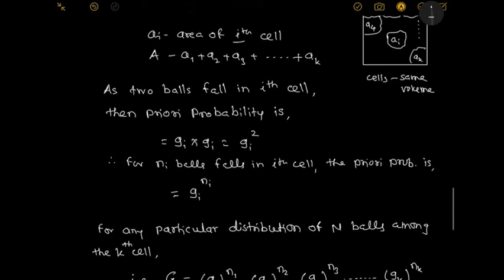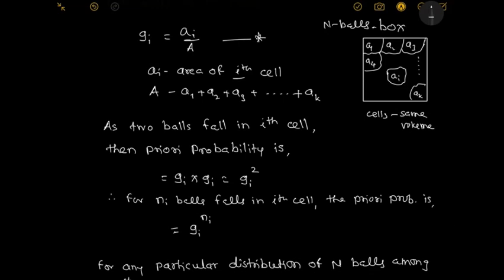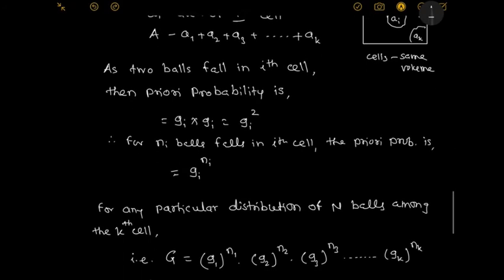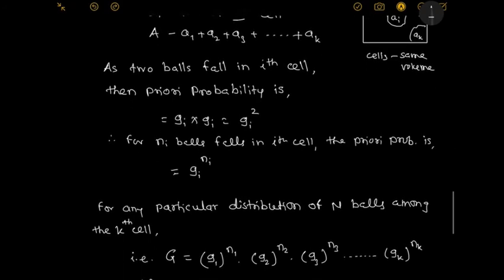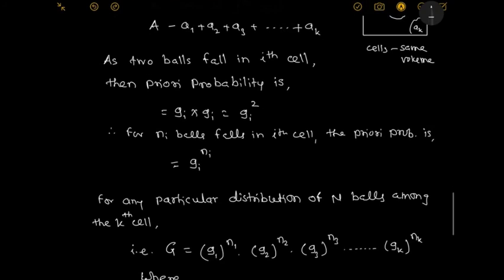That means if n1 balls are found in the first cell, n2 balls in the second cell, n3 balls in the third cell, and so on, then the a priori probability for the particular distribution of n balls becomes G equal to G1 raised to n1 into G2 raised to n2 into G3 raised to n3 up to Gk raised to nk, where n1, n2, n3, n4 give the number of balls in each cell.